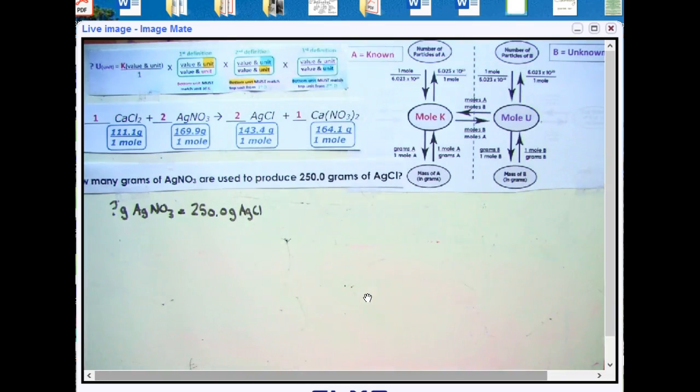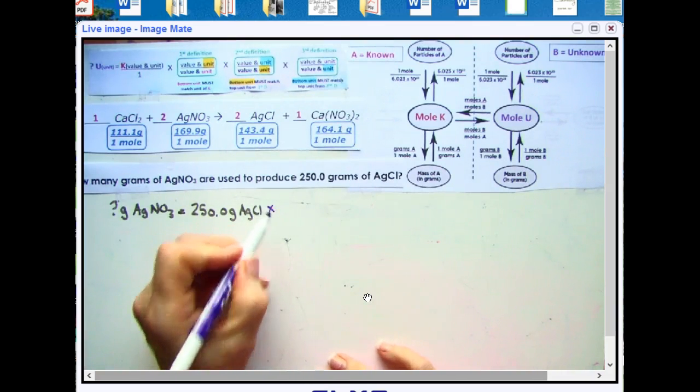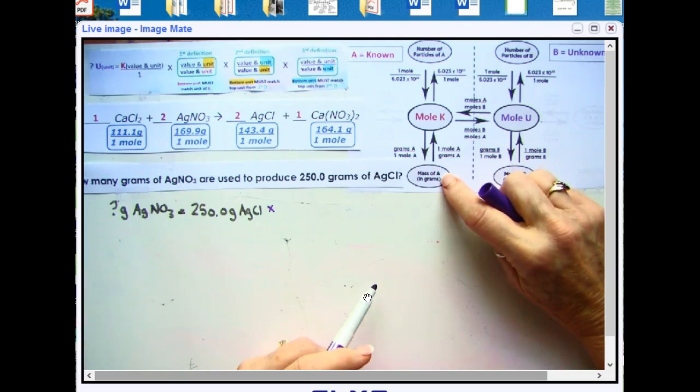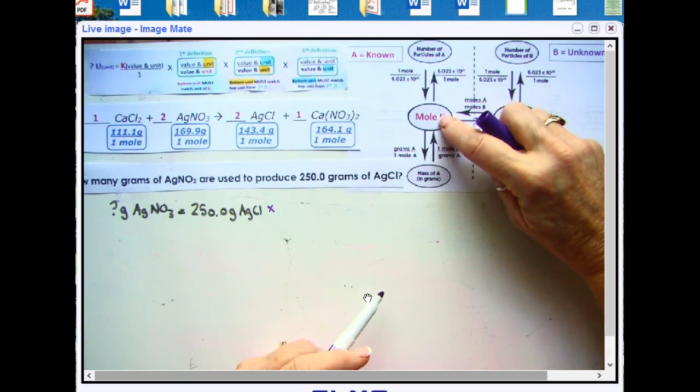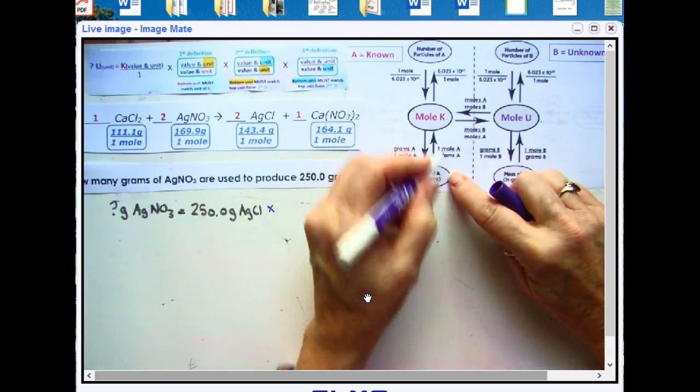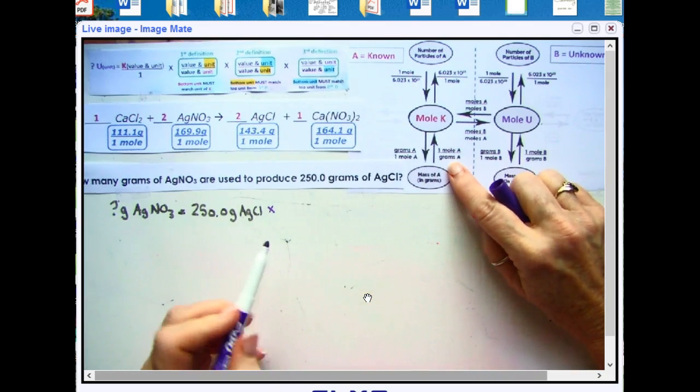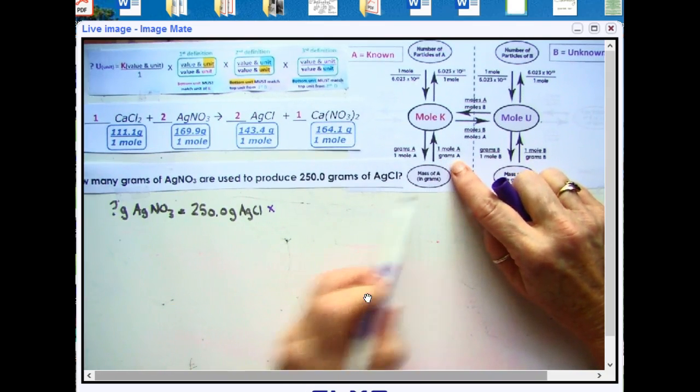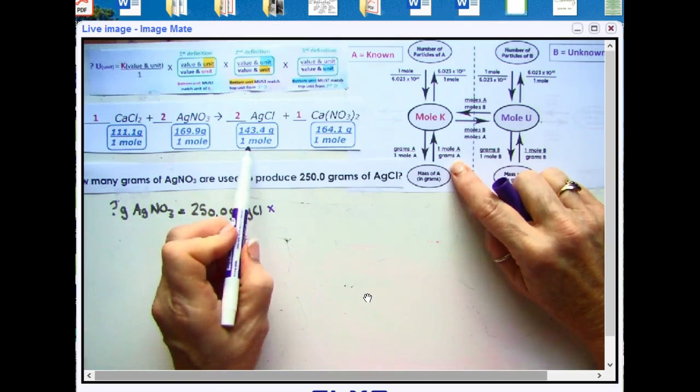All right, so how are we going to do this? We are going to, first of all, take mass of the known up to moles of the known. And we're going to follow the upward arrow, which says, we have AgCl, I'm going to use this molar mass flipped.